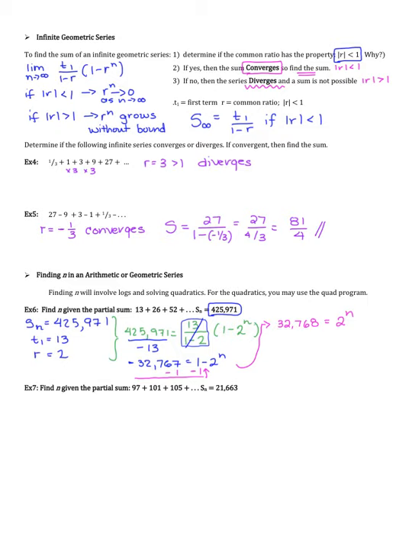All right, well, that's lovely. Again, how do you solve for an unknown exponent? You take the log of both sides. Log 32,768 equals n log 2. Because remember, the whole idea is when you take the log of a number, then that n can come down in front. So now I am free to divide both sides by log 2.